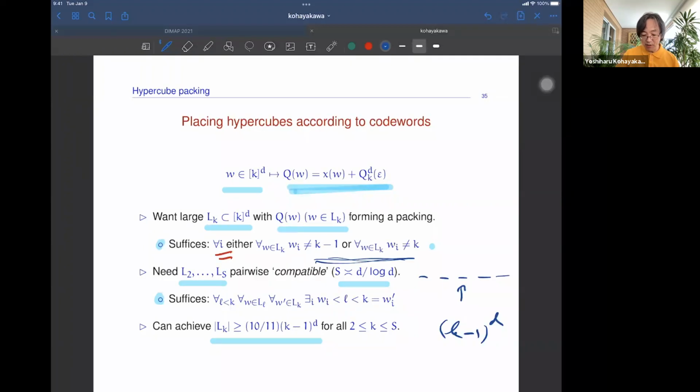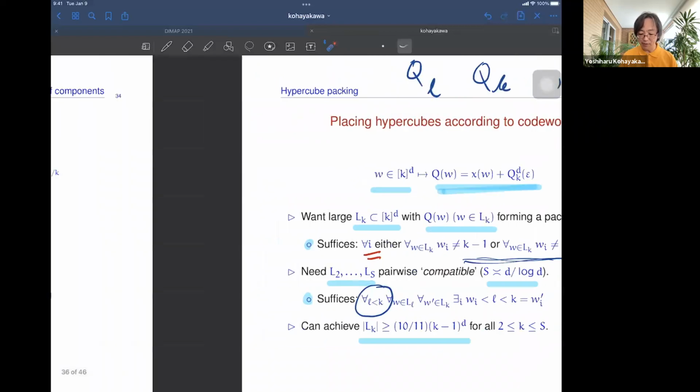Now, the second condition is the following. Now we are mixing what we are doing with QKs and QLs. And here I'm thinking L is less than K. So how do you make sure that some copy of QL and some copy of QK don't match, don't intersect?